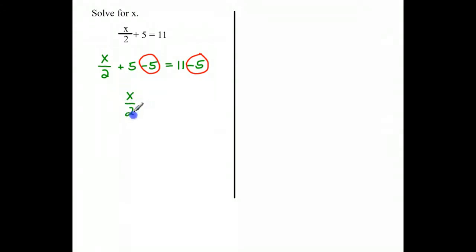On my left-hand side, I'm left with x plus 2 equals 6. Oh, I'm sorry, I misspoke. x divided by 2 equals 6. To undo my division, I'm going to multiply both sides by 2. I'm left with x equals 12. I'm going to put my answer in solution set.